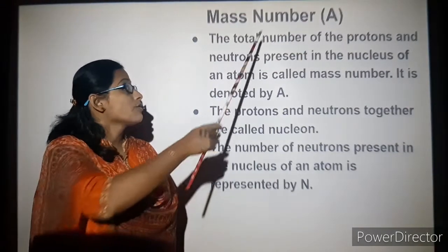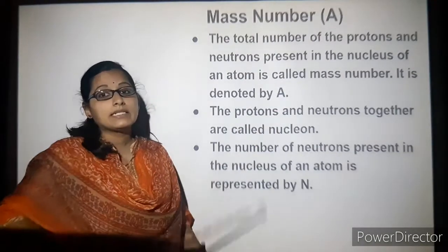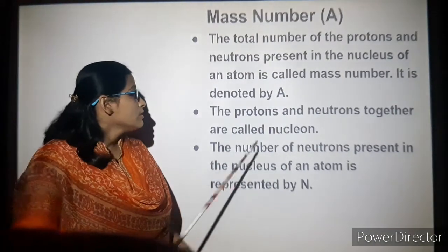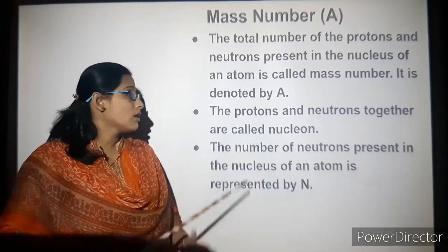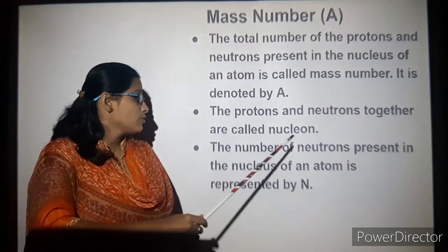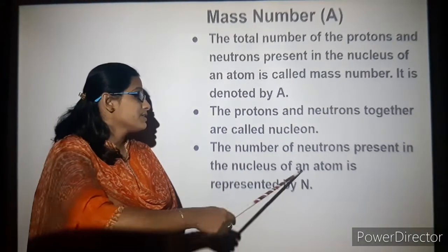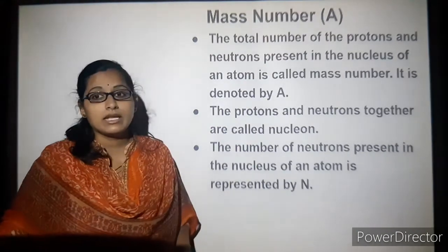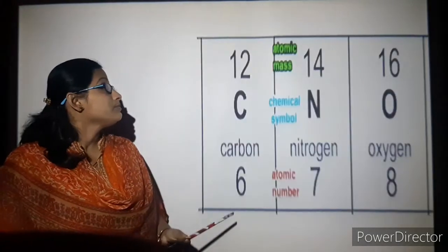It is denoted by the capital letter A. The protons and neutrons together are called nucleons. The number of neutrons present in the nucleus of an atom is represented by capital letter N. So we'll see the next slide now.